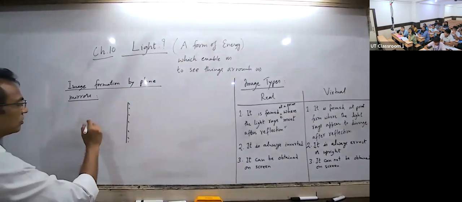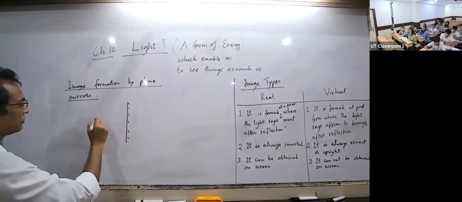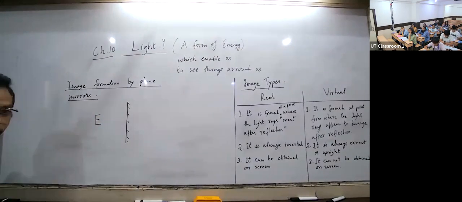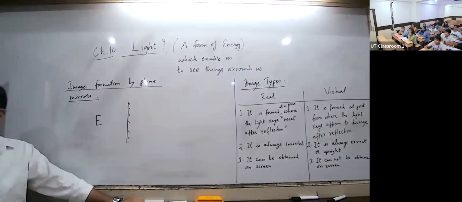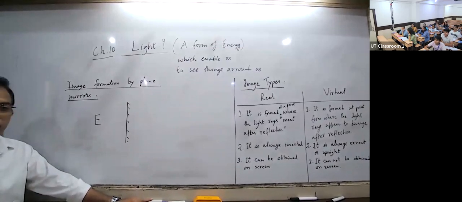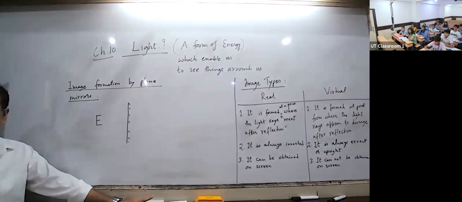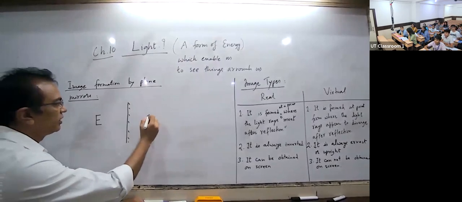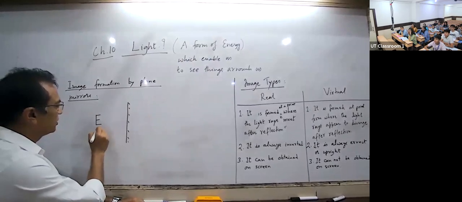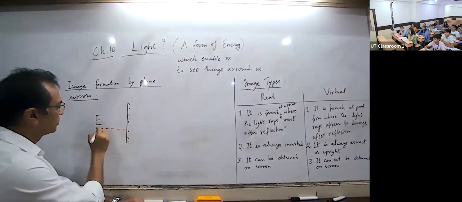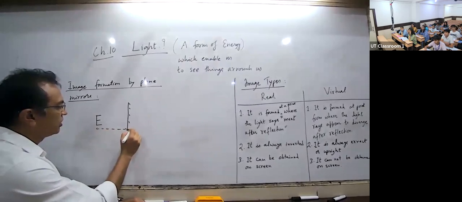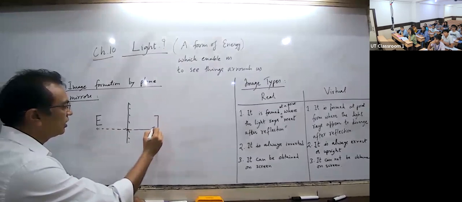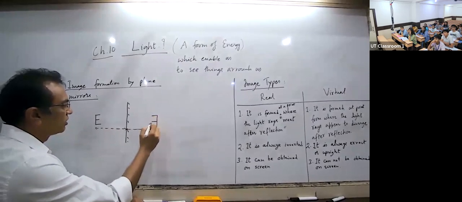So let's take an example of English alphabet E. This is the object kept in front of the mirror. How will you see it in the mirror? It will be turned by 180 degree. So let us say this is the distance from here. So it will be obtained at the same distance and laterally inverted. What is it called?